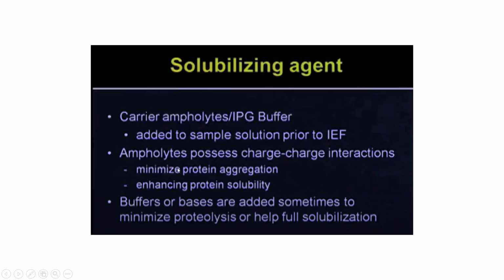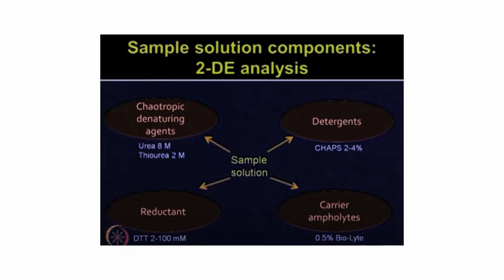So you can add ampholytes to it, and this basically minimizes proteolysis and helps solubilization of the protein. So these are the few components you can add during the sample preparation itself, depending upon your analysis.